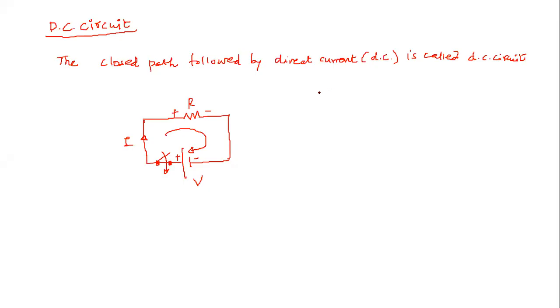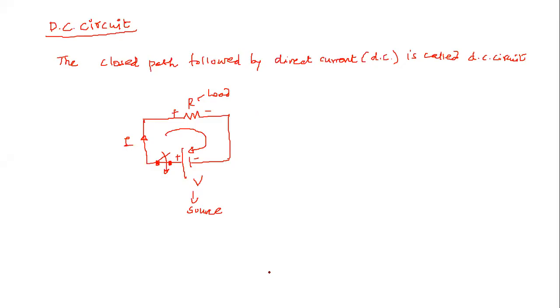And what we need to have in a DC circuit, we need to have a source, right? And we need to have a load, right? And then these connecting wires need to be there because otherwise current will not flow, right?